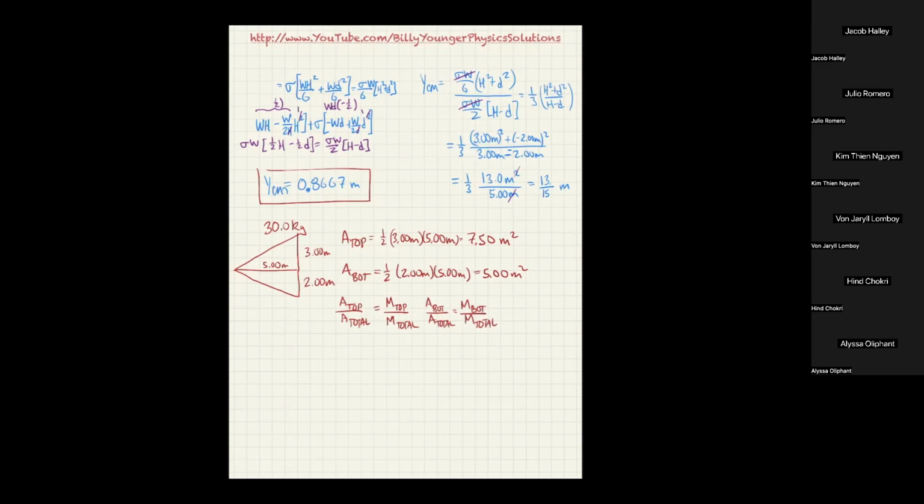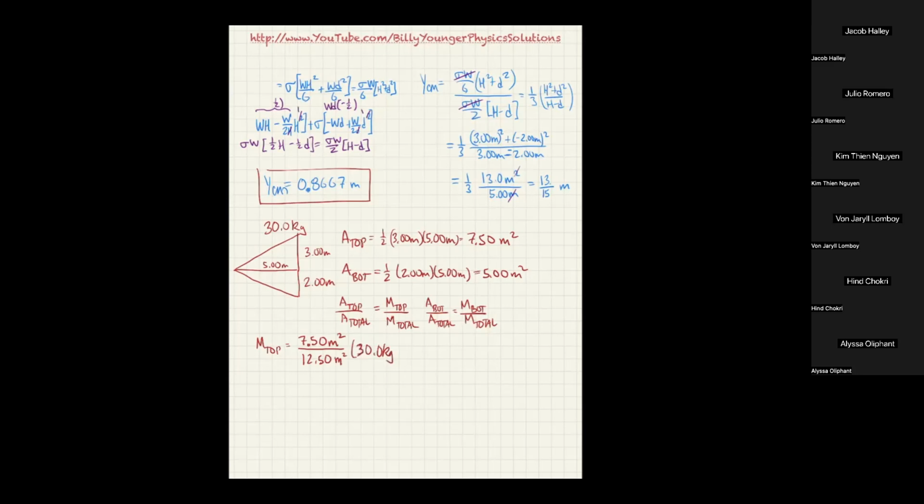So using that, I can determine what the mass is. So I can now say that the mass of the top is equal to the area of the top, which is 7.50 square meters, divided by the total area, which is 7.5 plus 5, so this would be 12.50, times 30.0 kilograms.